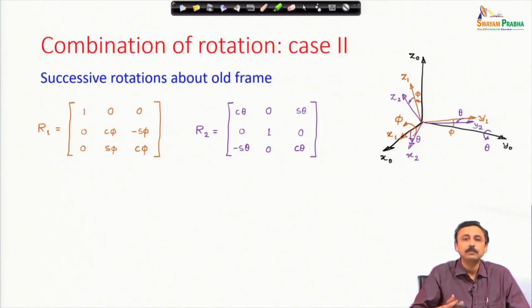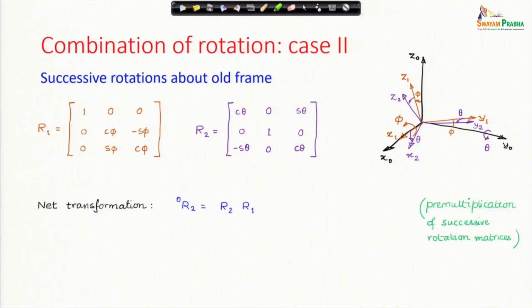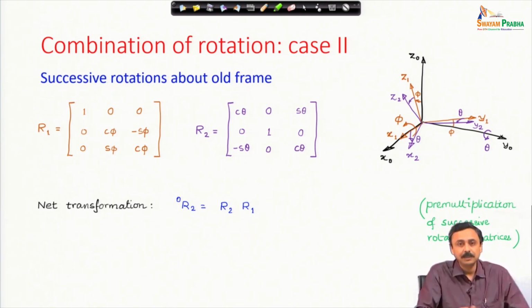Now, this purple frame is a general frame, and these two are the unit rotation matrices. Now, how do I combine to get the rotation matrix from 2 to 0? You should note the order: the second rotation appears first and then the first rotation. The order has completely changed.